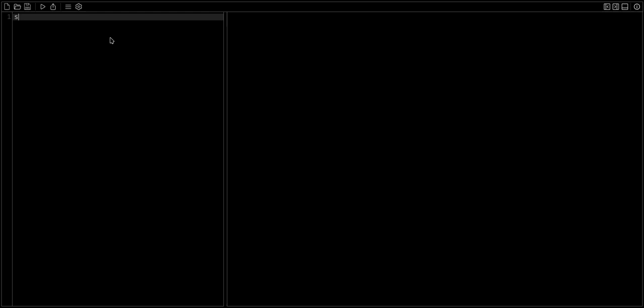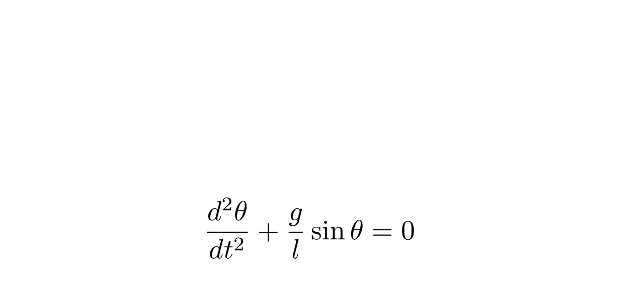So I wanted to solve a fucking differential equation in QBasic. Namely this one, which I'm sure you're all familiar with.